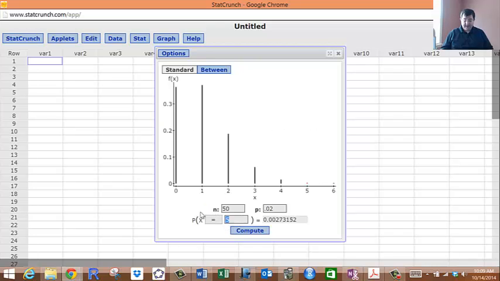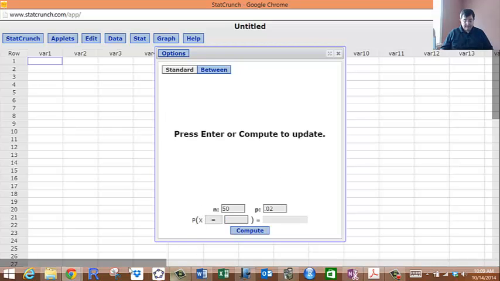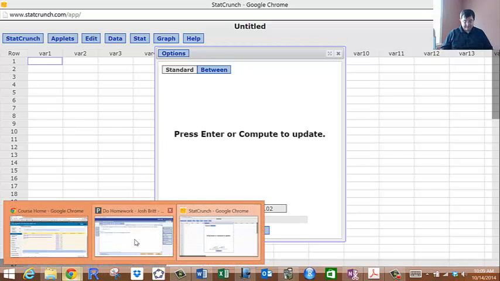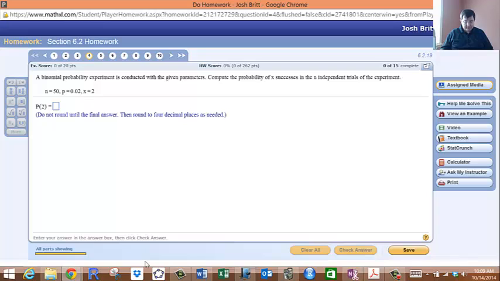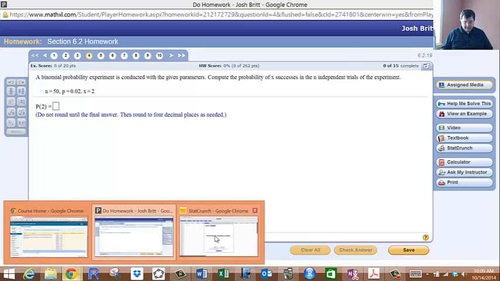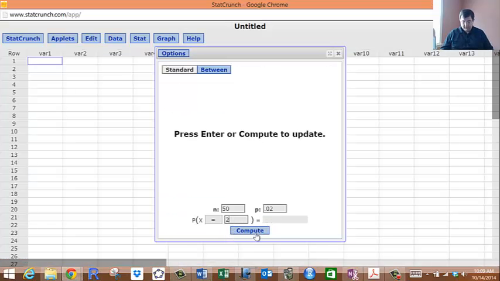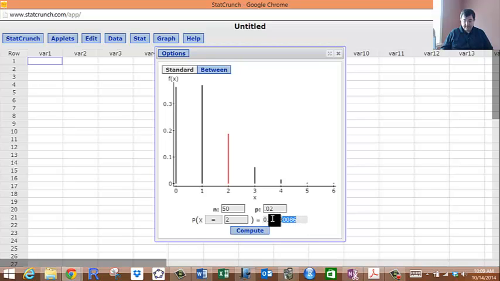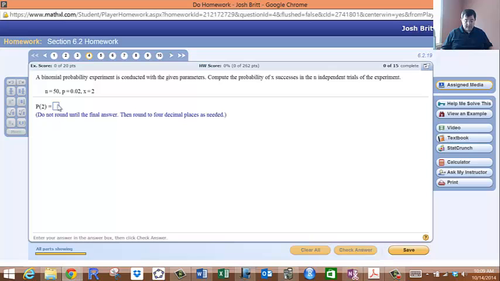So we want to know exactly equal to 2. Okay? And the nice thing about it is you can just copy this right on over into your homework and paste it in. You'll love it. Round to 4 decimal places.